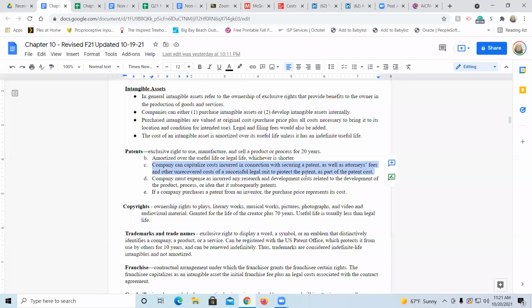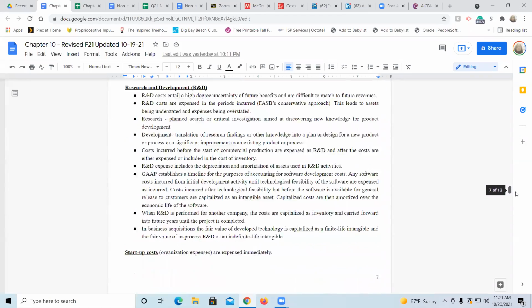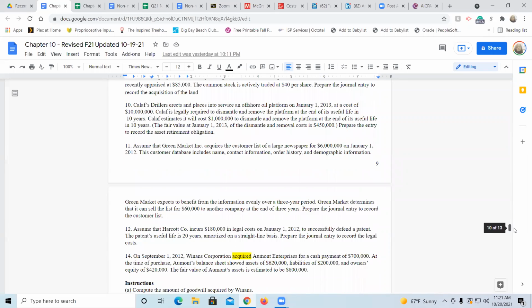So in the question, it said that the legal suit was successful. If it had been unsuccessful, you wouldn't be able to capitalize. Remember, capitalize means that you make this expense into an asset, make the payment into an asset, not into an expense. So when we go back to this question, we now realize that based on the theory we need to debit patent for the 180,000, not debit legal expense. Okay, so that's something to look out for.